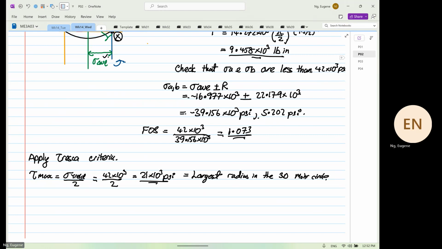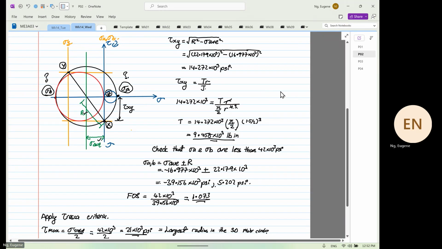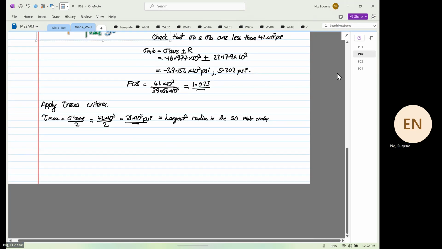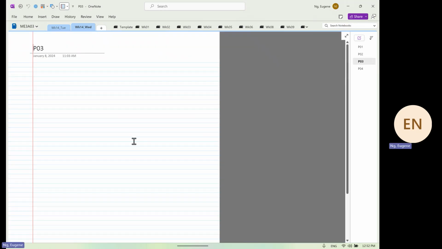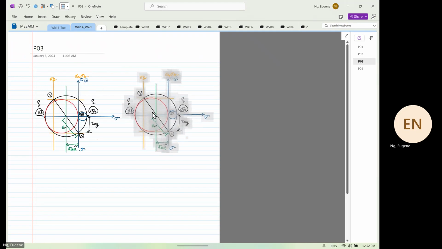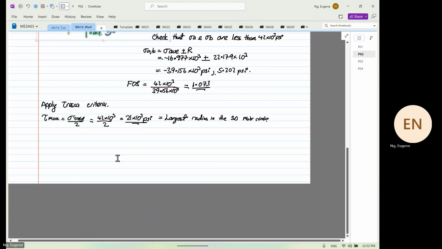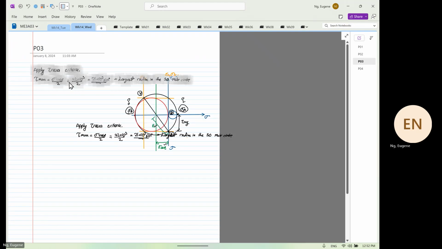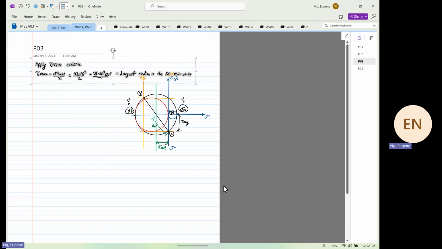Okay. So the same diagram. I'm going to use the same diagram. Whether it is von Mises or Tresca, the Mohr circle is always the same. So I'm going to shift this across. Now we're going to apply the Tresca criteria.